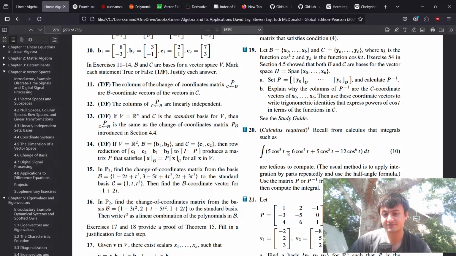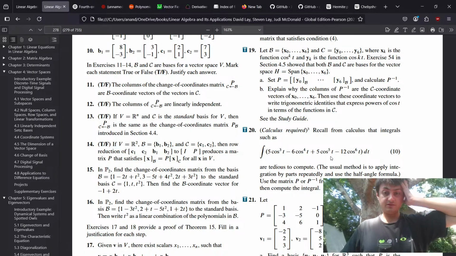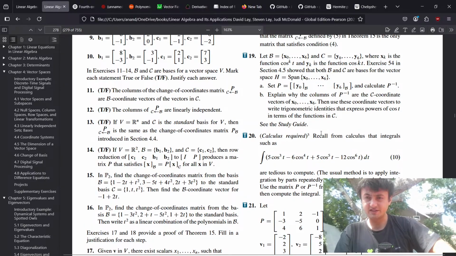Minus 6, 5, minus 12. Okay. So this vector is equal to x relative to the basis b, where b is the cos to the kt.